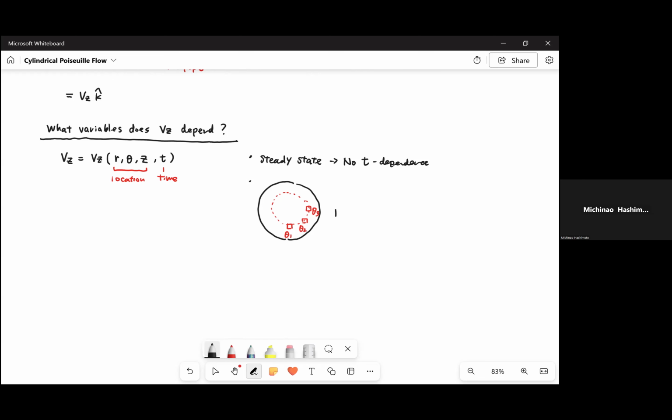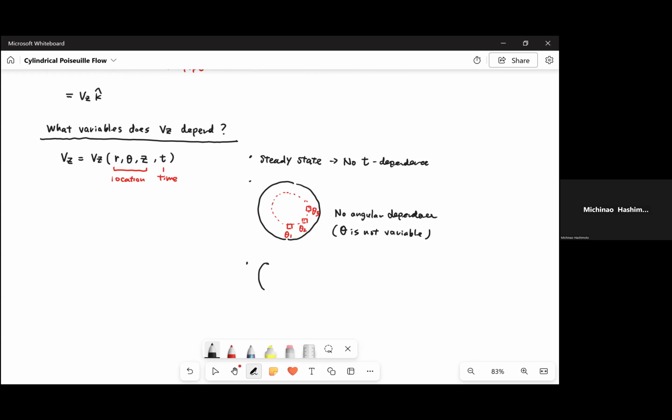So there is no angular dependence, which means theta is not a variable. We can say the speed doesn't depend on the location at different angles.